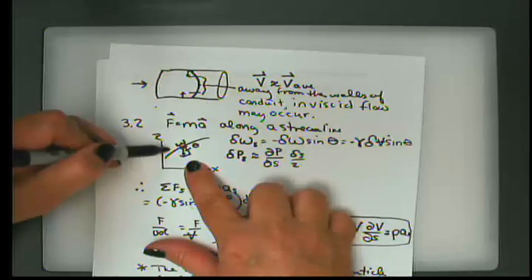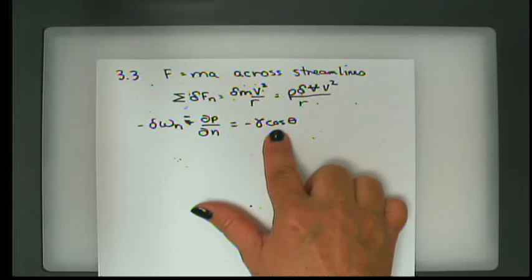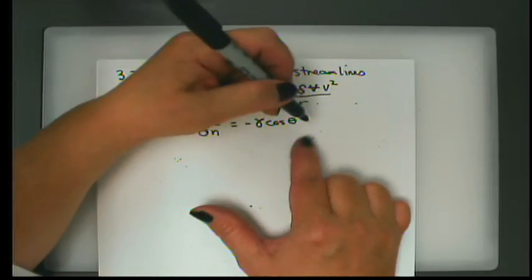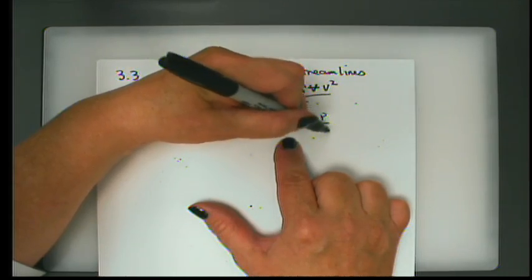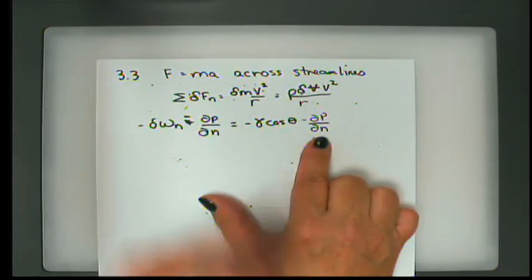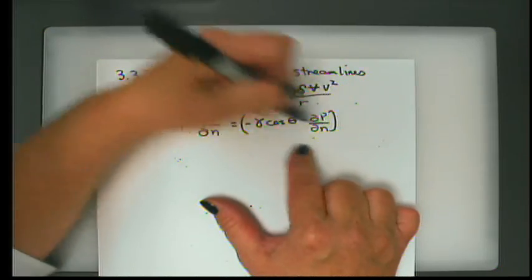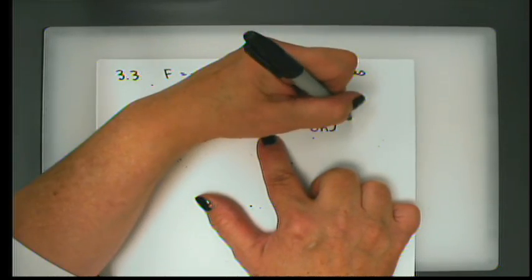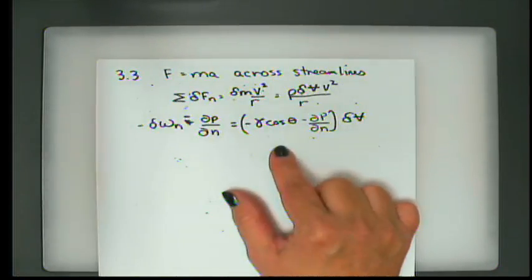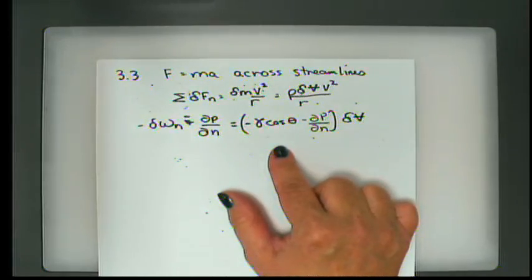Only now we're going this way, right? So we have gamma times the cosine of theta minus del P del N, pressure gradient perpendicular to the streamline, and then to get our units correct into units of force, we need the differential volume. Okay.